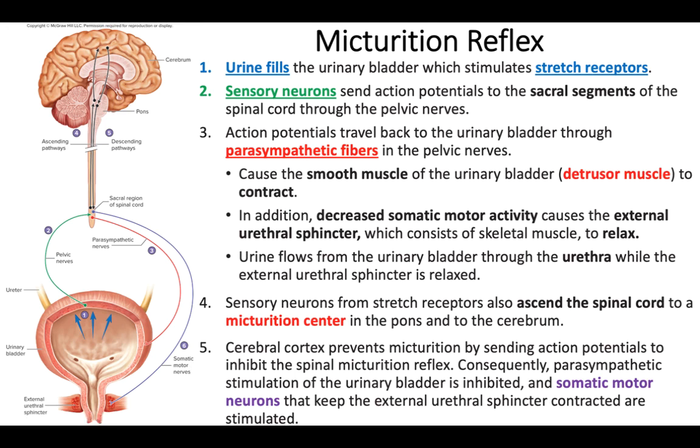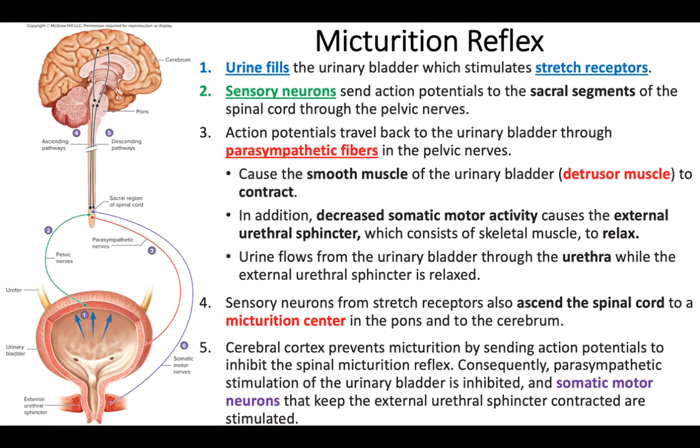We want to use a somatic because that can control our skeletal muscle. And the skeletal muscle that we can control voluntarily is the external urethral sphincter. So if we want to postpone urination, we have to contract that sphincter. All right, so that's your basic Micturition reflex.